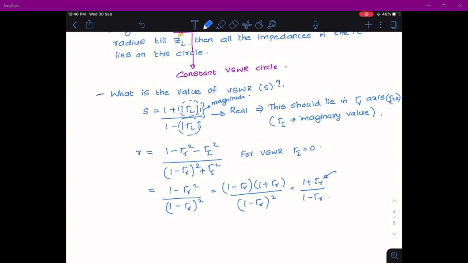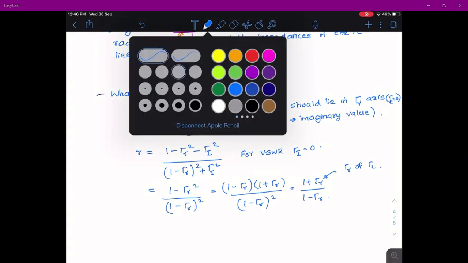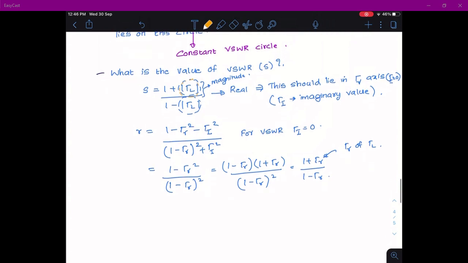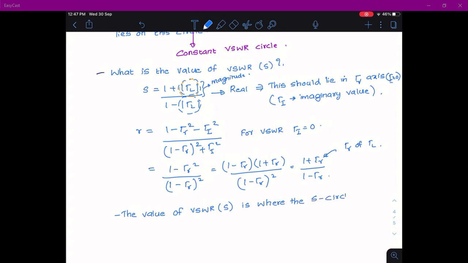Now the tau r that I represent here is basically the real part of tau L, because S, the value of S, is in terms of tau L. So the value of VSWR, or S, is where the S circle meets the tau r axis.